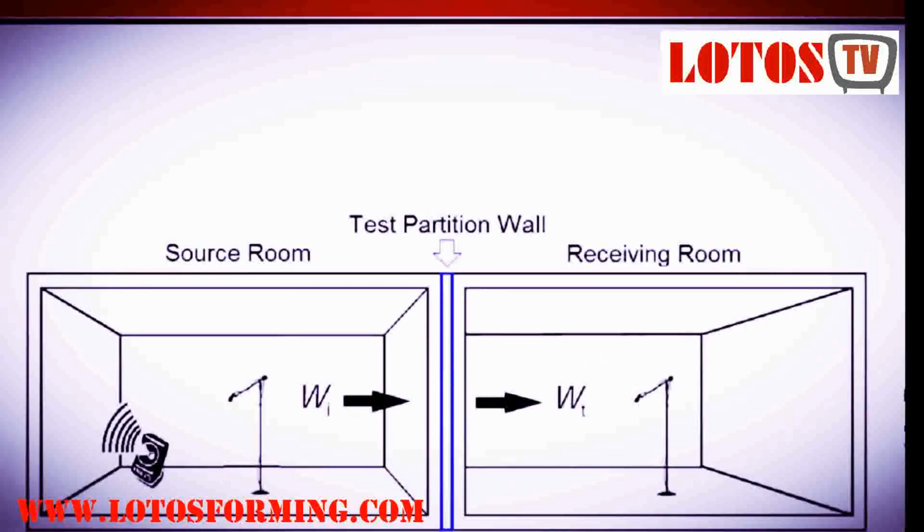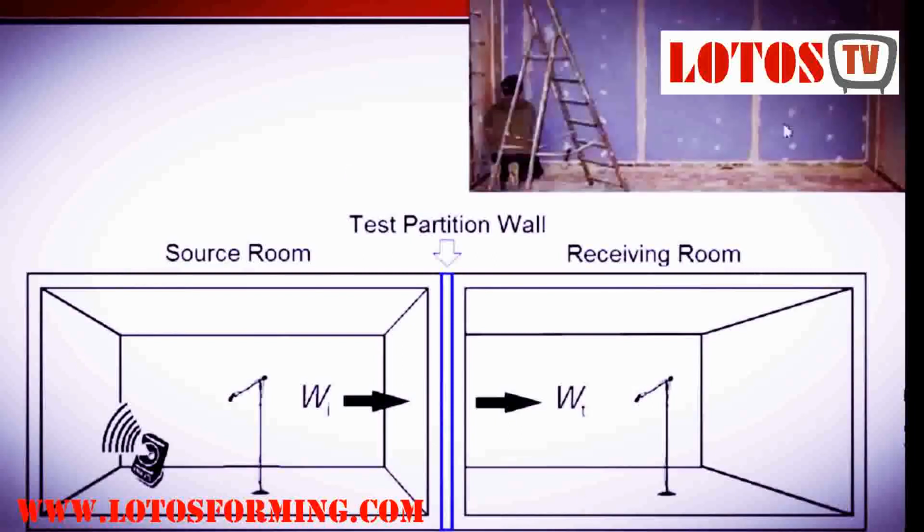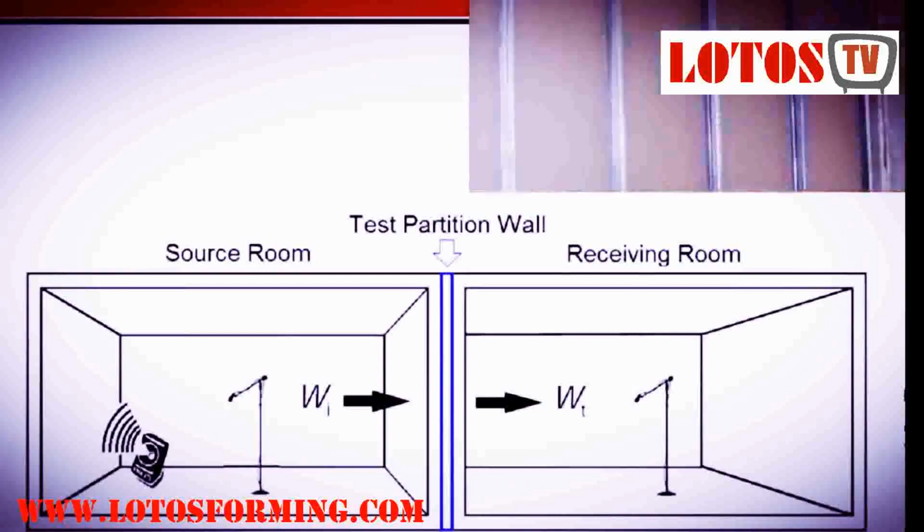So the difference of sound pressure in the source room and in the receiving room will be the sound reduction that we are looking for in design or analysis. Here you can see the separating wall set up during the test. Here you can see the light gray color is the boards, and in between the two boards, we have the stud placed in position.